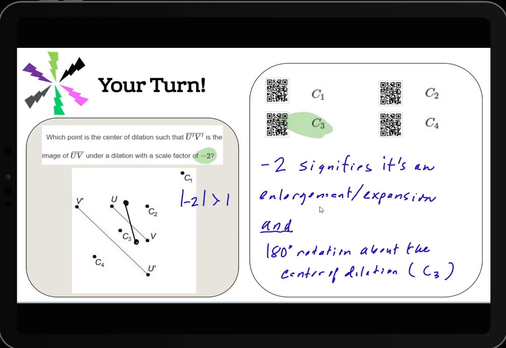So it's rotating it 180 degrees about the center of dilation, and then it's also increasing it as well, like I'm showing. Okay, through an enlargement, like that. So it did two transformations in one. That's what the -2 represents.